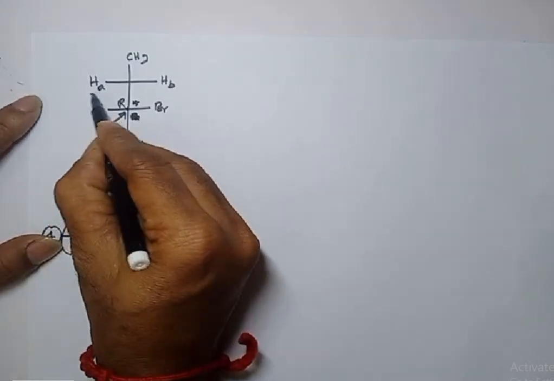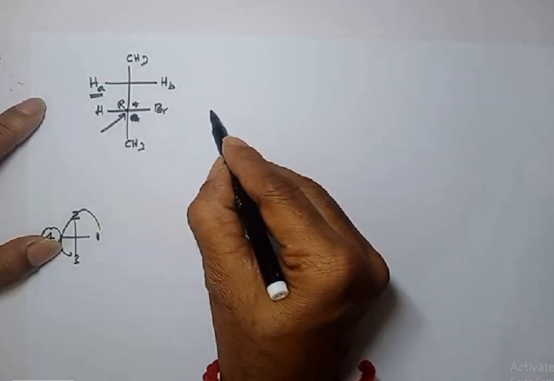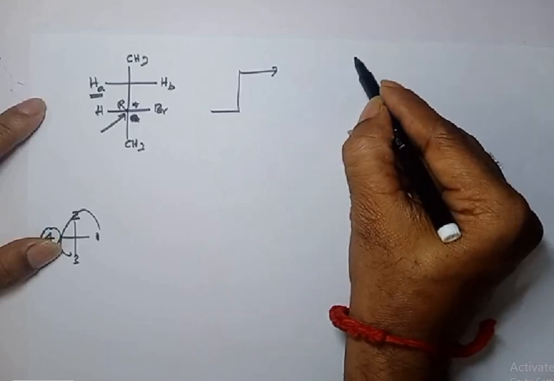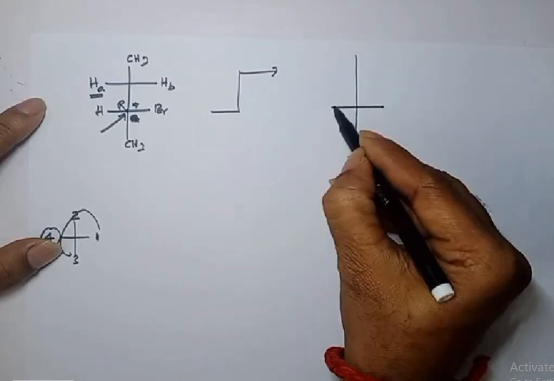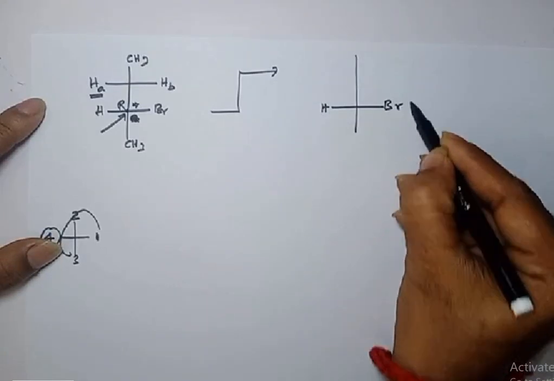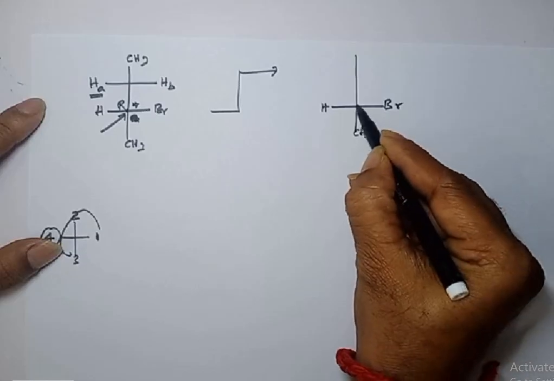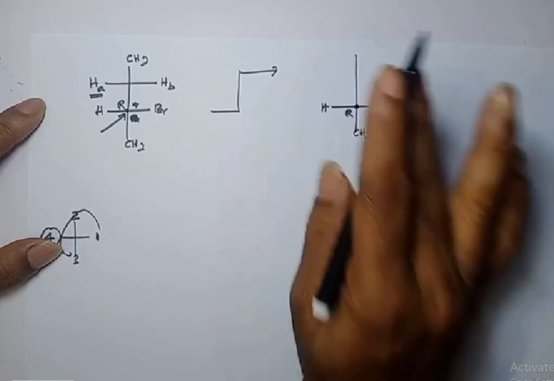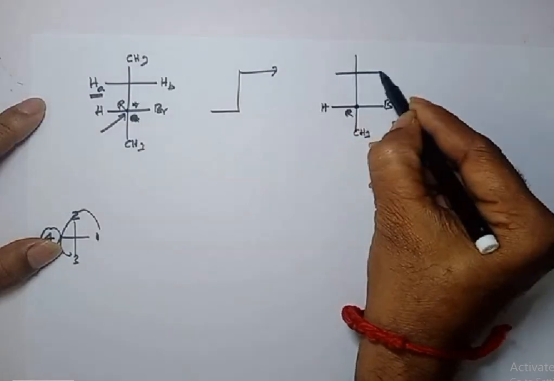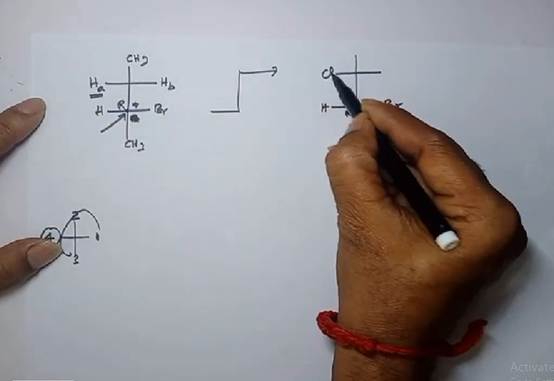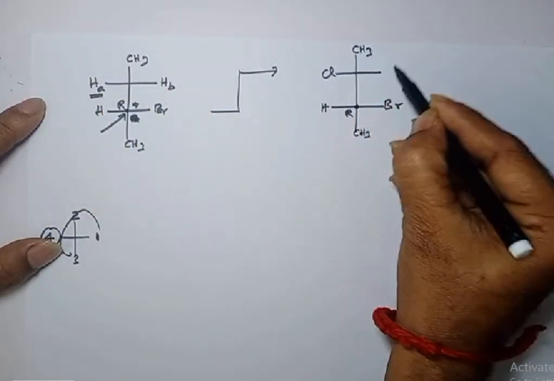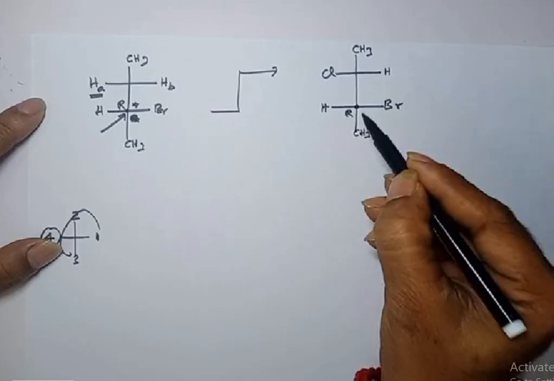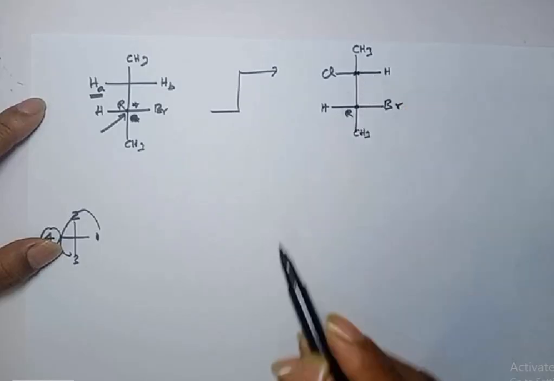Now, if you replace this H by chlorine, what will happen? Observe this carefully. The configuration of this carbon is R. It is fixed. Now I will replace this hydrogen and put chlorine. What is the configuration of this carbon?